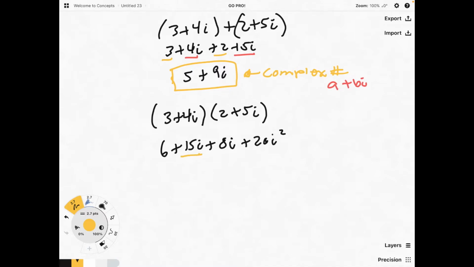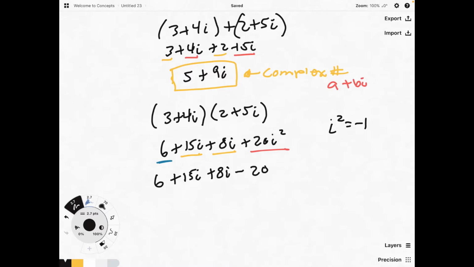Okay, combine like terms. We see we have an i here, and then we have an i squared, and then we have our constant here. So what we would need to do first is simplify. From our rule, we know that i squared is equal to -1. Therefore, this can be rewritten as 6 plus 15i plus 8i minus 20, because this is really 20 multiplied by -1.